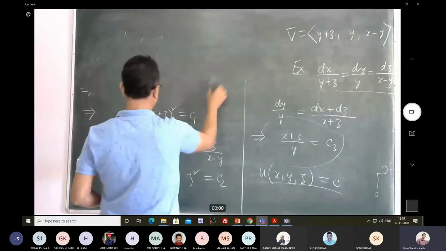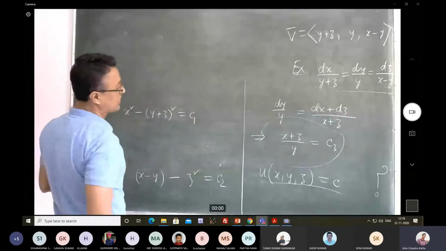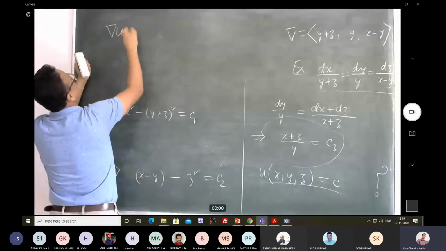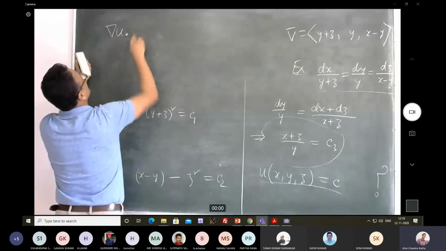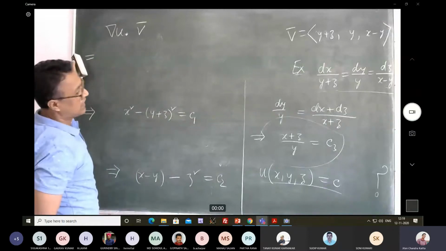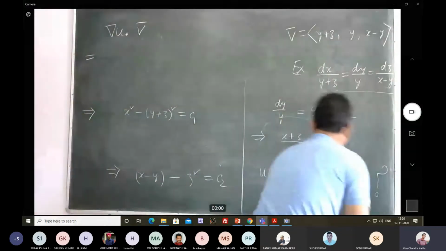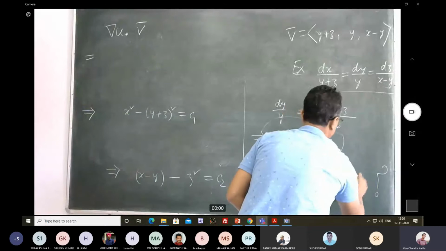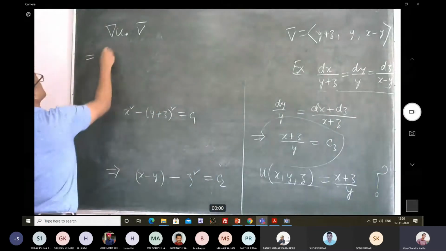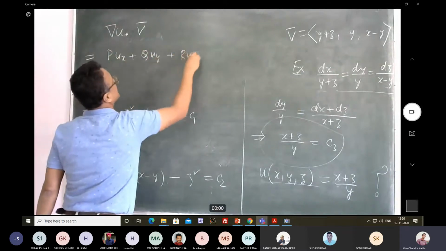Now, suppose I do grad u dot the vector field. So here your u is x plus z by y, right? Then it is simply p u_x plus q u_y plus r u_z.